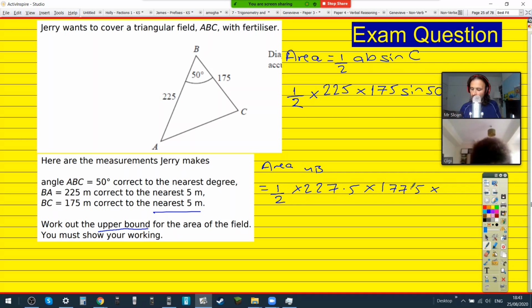Upper bound. Oh, sine 50.5. I mean, 52.5 would be if the angle was also rounded to the nearest 5. Oh, it's degrees, the nearest degree, sorry. Sometimes I don't really read the question properly. I've noticed.